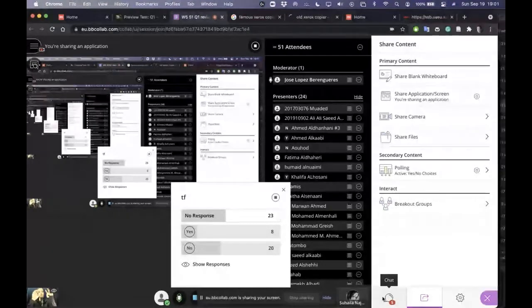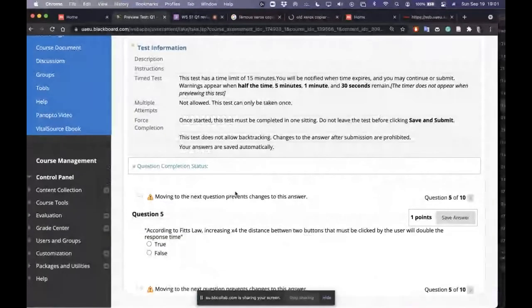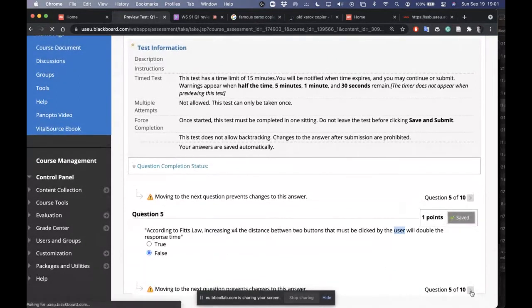So the response time will not double. The increase will double. So when we say double the response time, it's not true because there's this common term. What will double is the increase. Sounds good? So it's false. Sorry. Next one.